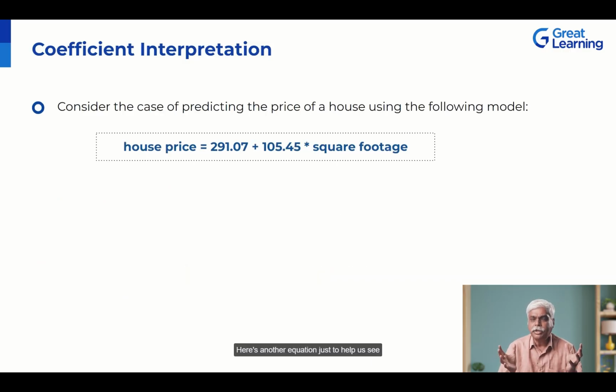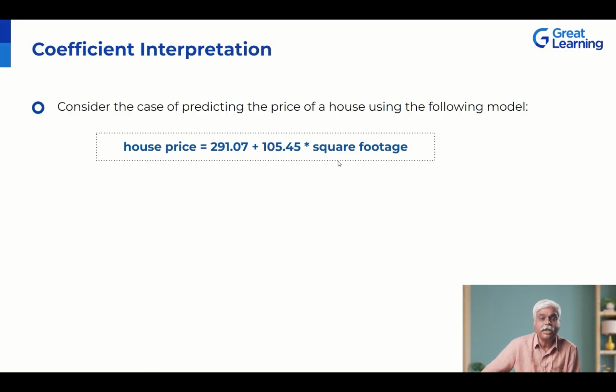Here's another equation just to help us see whether these interpretations hold up. Let's step away from the advertising and sales context into a different context of predicting the price of a house using input variables or predictor variables. To simplify the discussion, because we're talking about simple linear regression, let's look at only one predictor which is square footage.